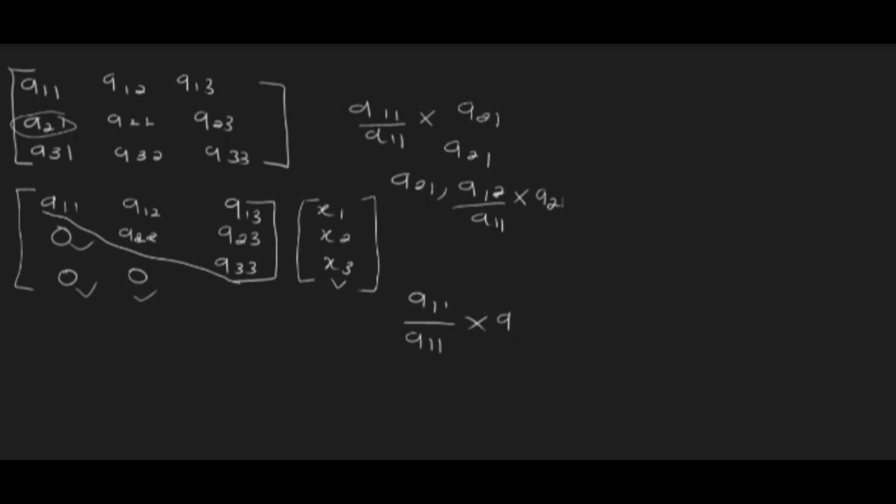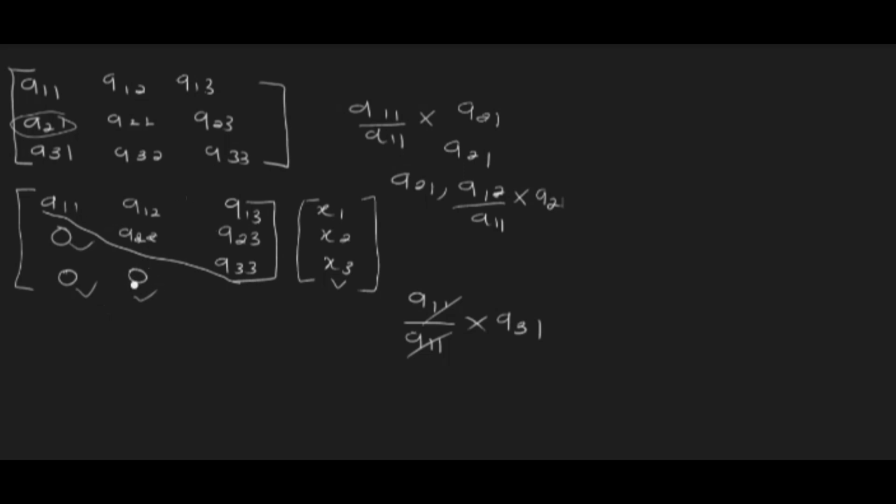A31. So when you do this simple arithmetic, you end up getting A31. So when you subtract it from this, it is going to eliminate this and give us 0. So that is how you go about the forward elimination of unknowns.